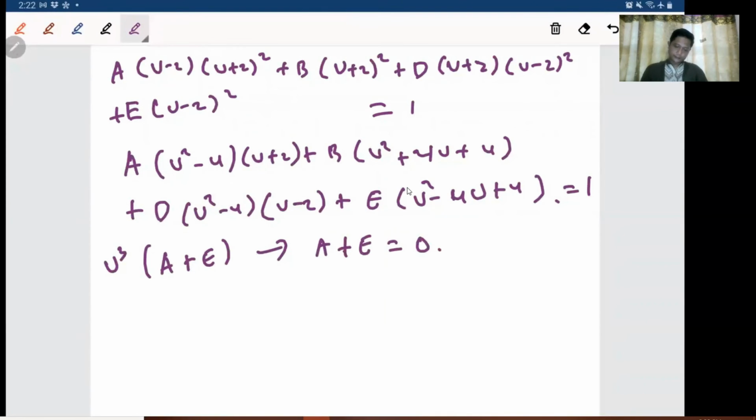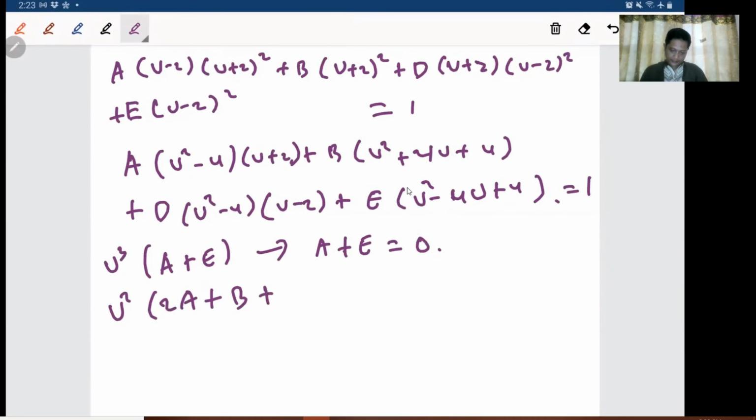A plus e is equal to 0. And then in u square, I have 2a. Can you follow me? I have u square. This one doesn't give me u square, only this one. And this one, I get b from here.